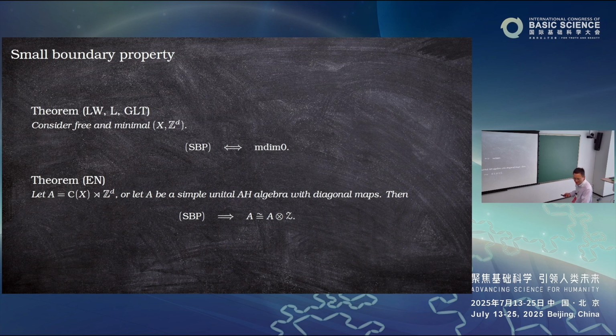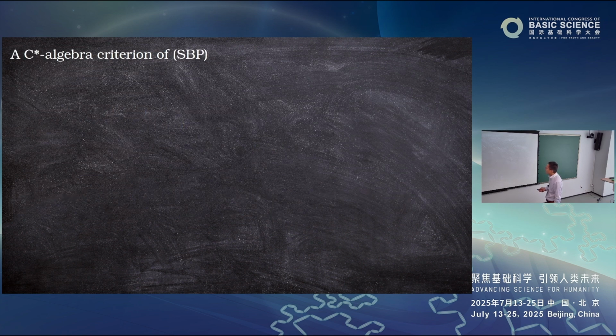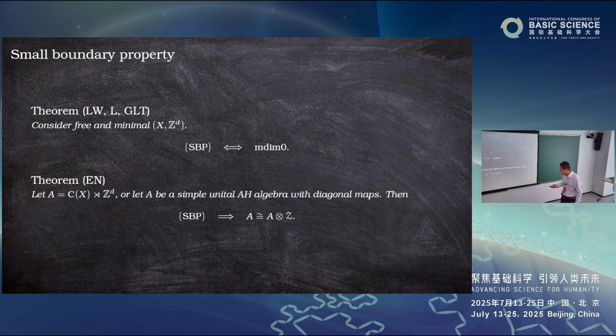So that's the only piece which is missing, and that's what we proved recently. So how to get there? How to get the small boundary property from Z absorbing? The small boundary property is really a property of the Cartan subalgebra, but Z absorbing is a property of the abstract ambient algebra. So how to get there?